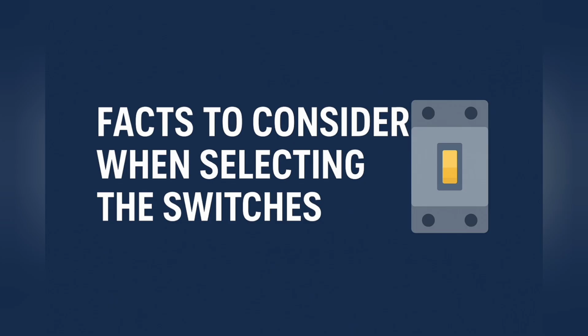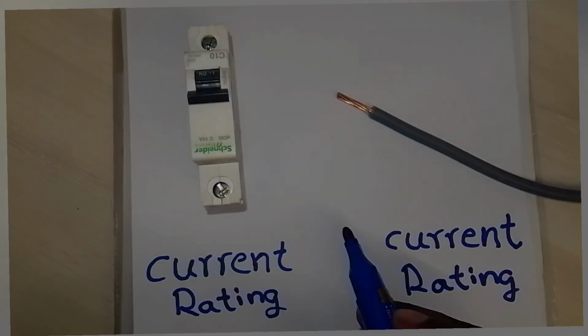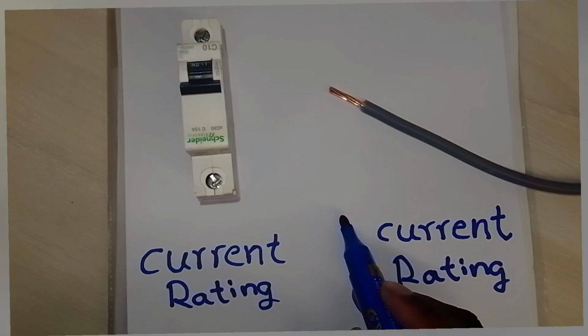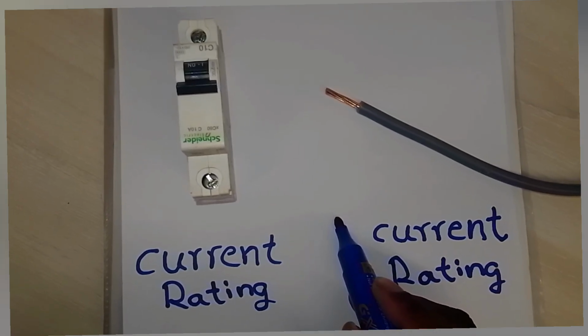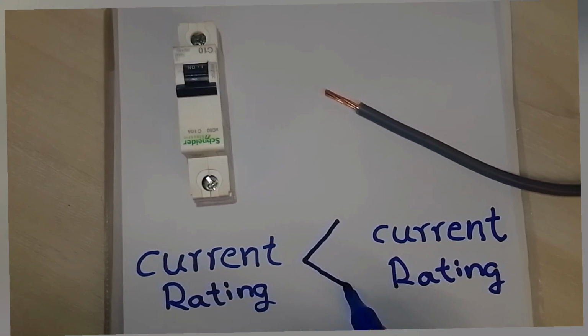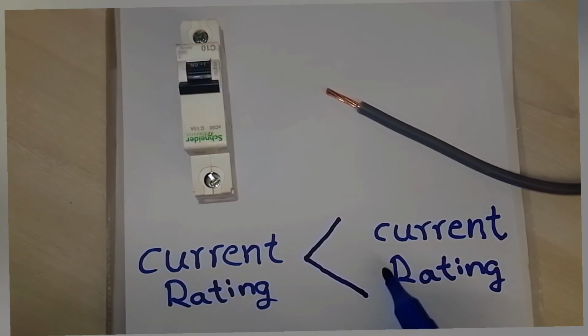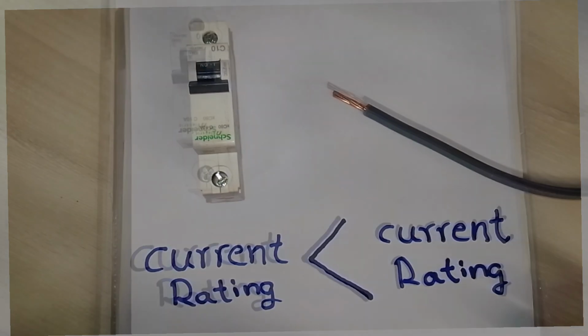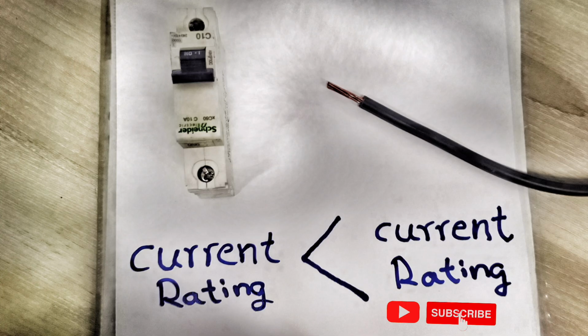And my friends, the third one is the factor to consider when selecting the switches. As an example, when selecting the MCB or any type of breaker, make sure that the current rating of the breaker is lower than the current rating of the cable, because only then will the breaker trip before melting the wire in a short circuit situation.